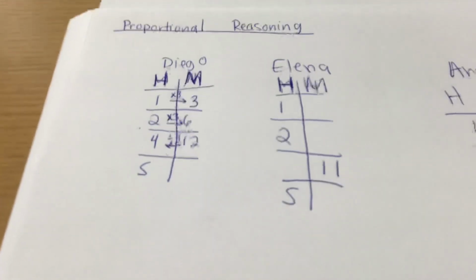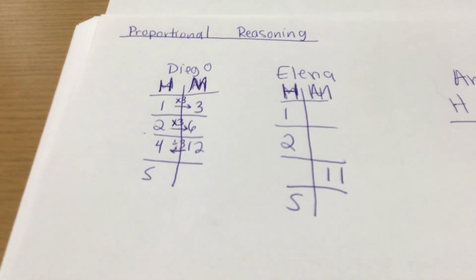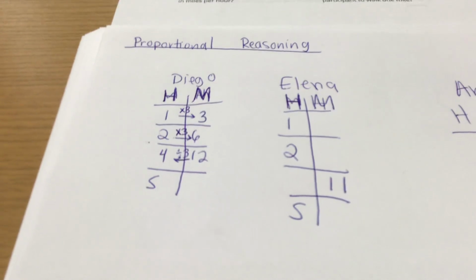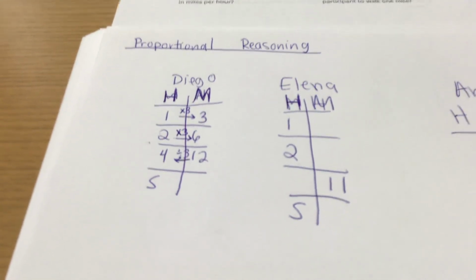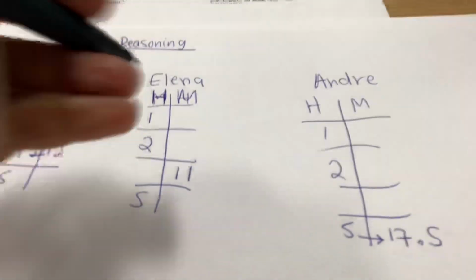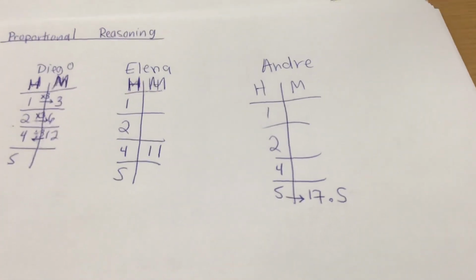So we know that this is a 4 now because of Diego's speed, he was able to walk 12 miles in 4 hours, because 12 divided by 3 equals 4. So with that said and done, we can now fill in that same 4-hour mark in those parts of the chart for Elena and Andre.